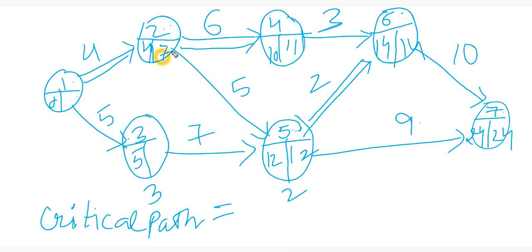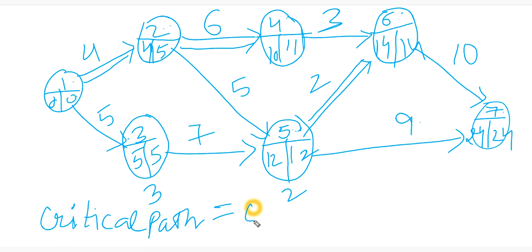And so I will take the smaller one, that is 5. So I will not take 7 here. So here it is 11 minus 6, which is 5. Now 12 minus 7 is 5, and 5 minus 5 is 0.